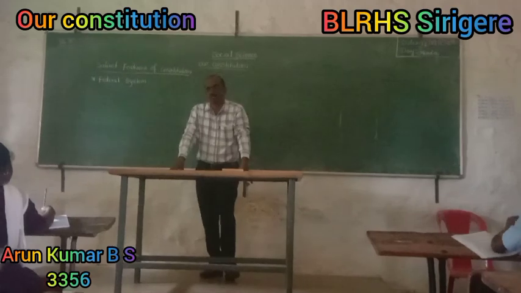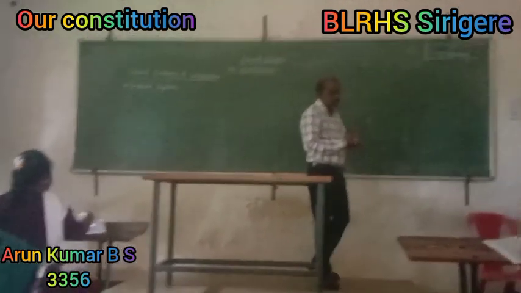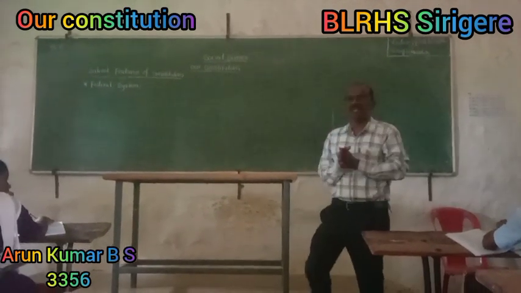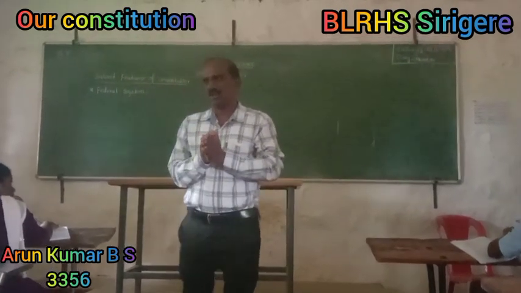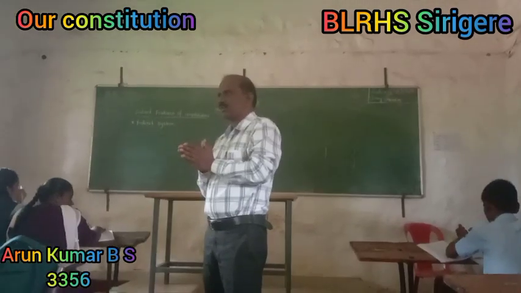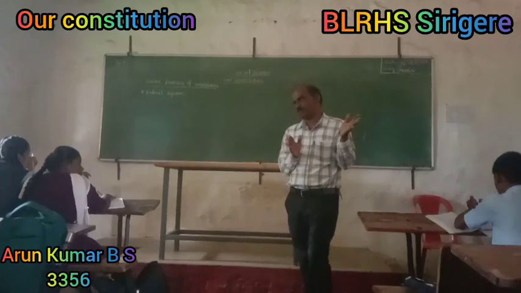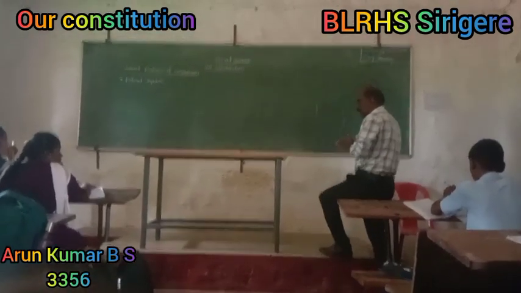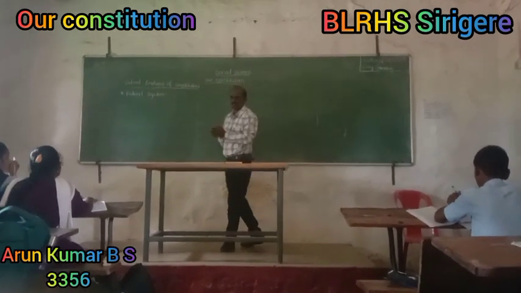So in a federal system, let's think about your family. In the family, the responsibilities are divided or shared by the members of the family, isn't it? Your father has his own duties and responsibilities. Your mother also has her own duties and responsibilities, and you also have your own responsibilities, and brothers and sisters.